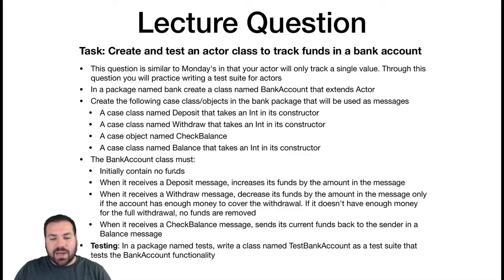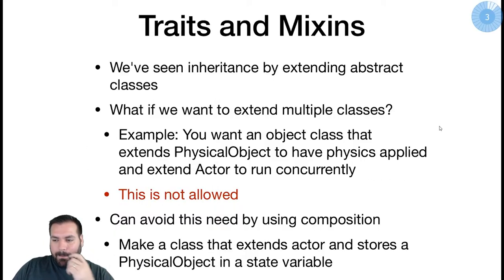Don't drain the entire account to 0 and do a partial withdrawal. Just don't do anything. If you can't meet the full withdrawal, don't do anything at all. And then check balance, respond to the sender with the current amount of funds in the bank account. So nothing too tricky here. We have one int. We can increase it, we can decrease it, and we can respond with what the number currently is. How do we test it? Let's go.